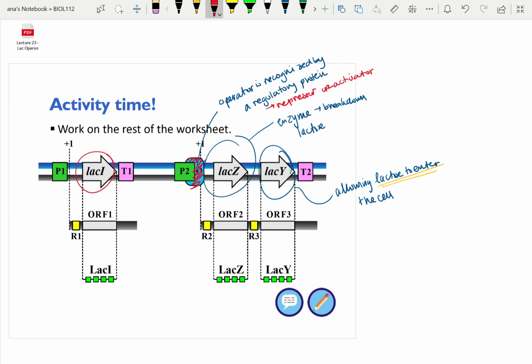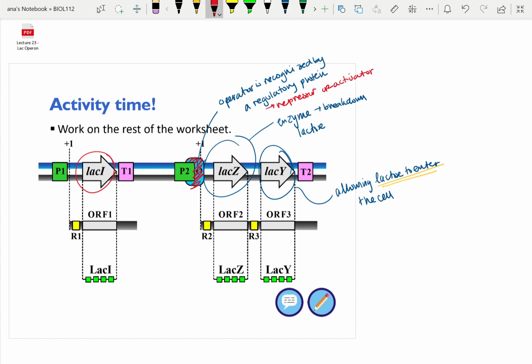Normally the operator functions as a landing pad for the repressor protein. So when lactose is absent, lac-I would be able to bind the operator and decrease transcription of lac-Z and lac-Y. But in this case, no matter if there's lactose or not, lac-I is unable to bind the operator because there's just no site for it to bind anymore.